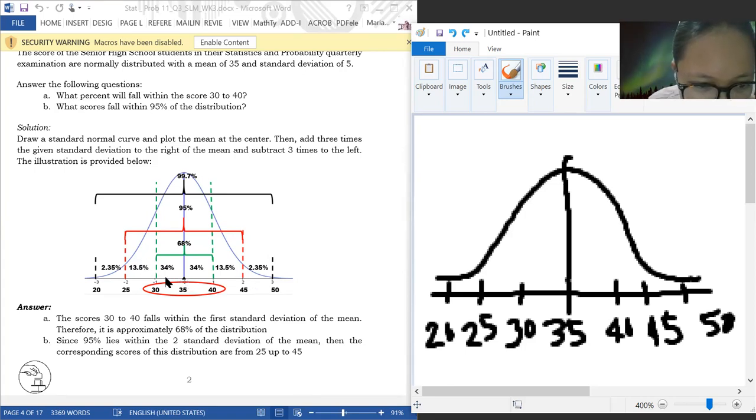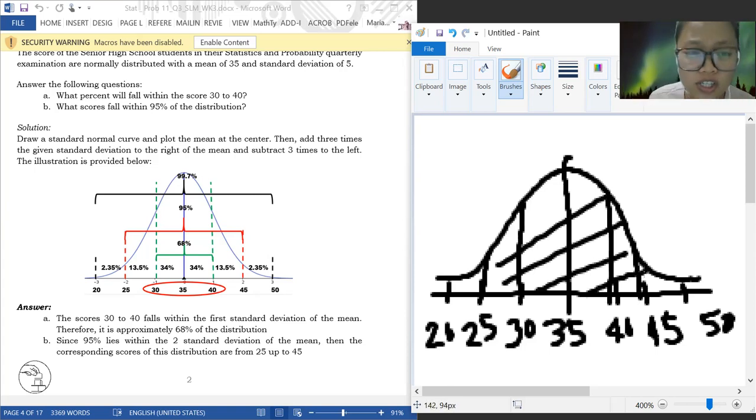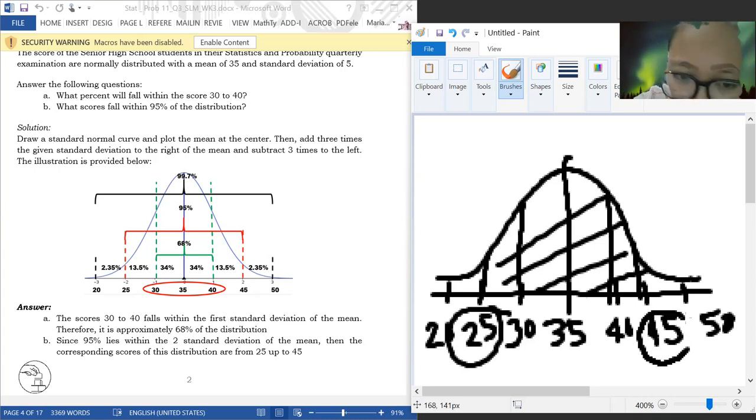In short, it comprises four parts: two parts on the left and two parts on the right. So, shade the region. Since it is 95%, the corresponding scores are 25 and 45.